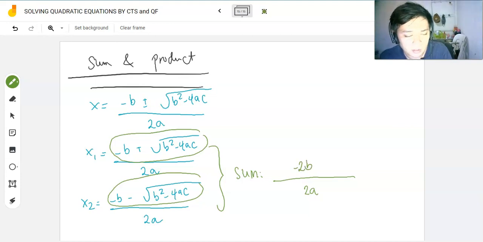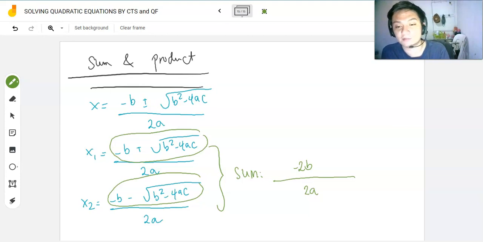And then, positive square root of b squared minus 4ac plus negative square root of the discriminant b squared minus 4ac. So, we are adding numbers na parehas ang absolute value pero magkaiba lang ang sign. And definitely, their sum will be 0. So, ibig sabihin, ang sum na itong dalawang to ay just negative 2b over 2a.